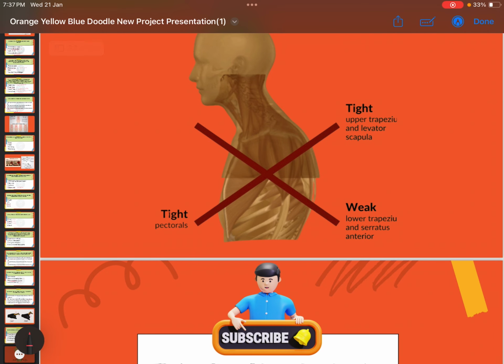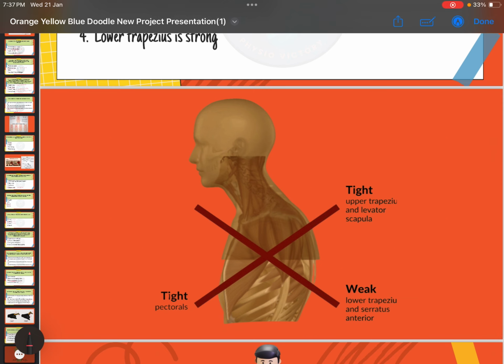This is basically the image of upper cross syndrome.